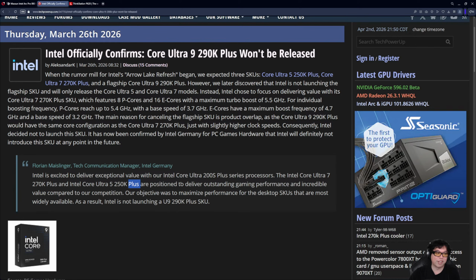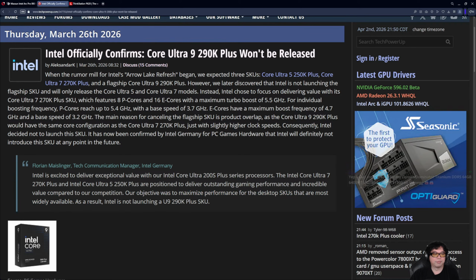"Our objective was to..." Why are they saying past tense? Past tense doesn't seem good. "Our objective was to maximize performance for the desktop SKUs that are most widely available."